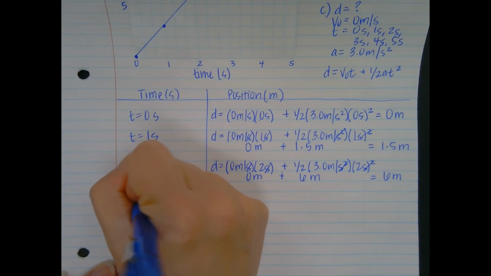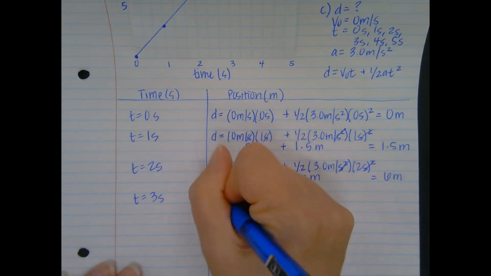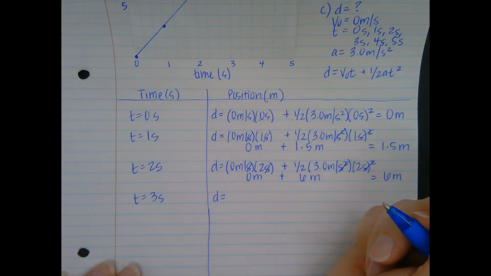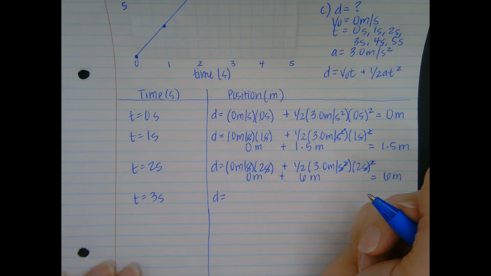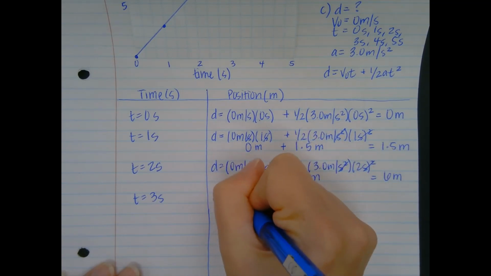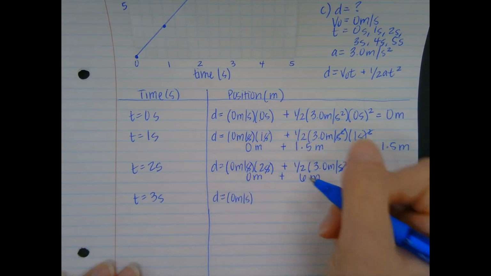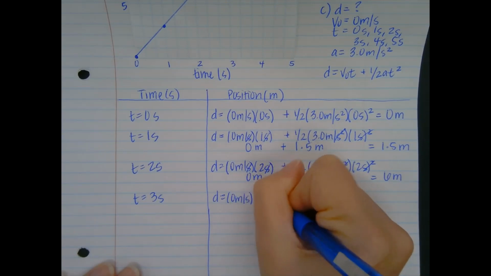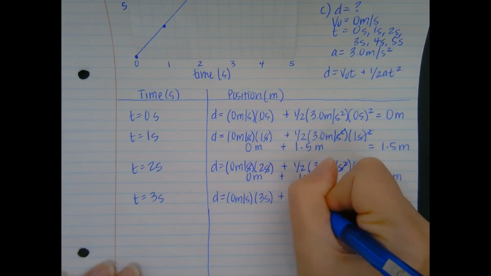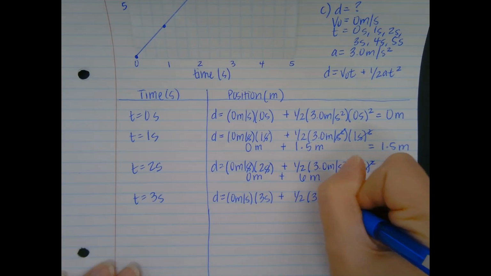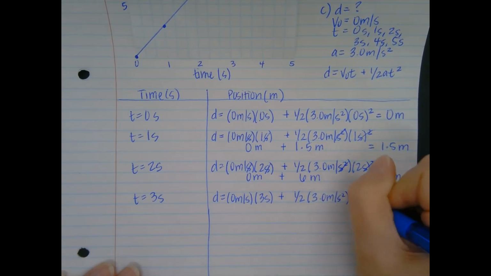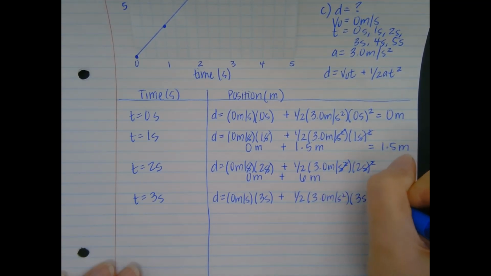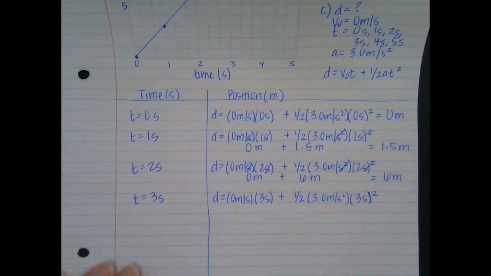Okay, so let's do it again for 3 seconds, and we're just going to keep following the same equation to fill this table in. So distance equals 0 meters per second, because that's my starting velocity, times 3 seconds plus 1/2 times 3 meters per second squared, times 3 seconds squared.